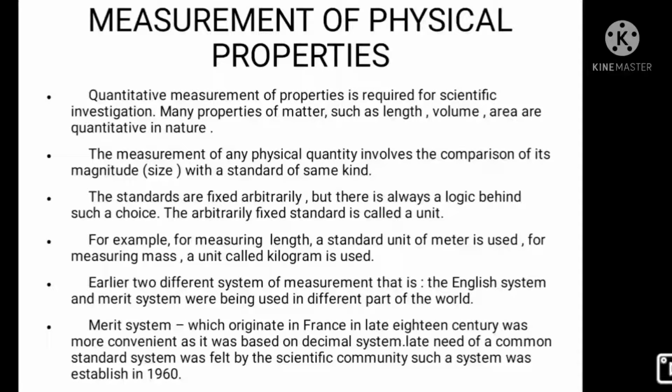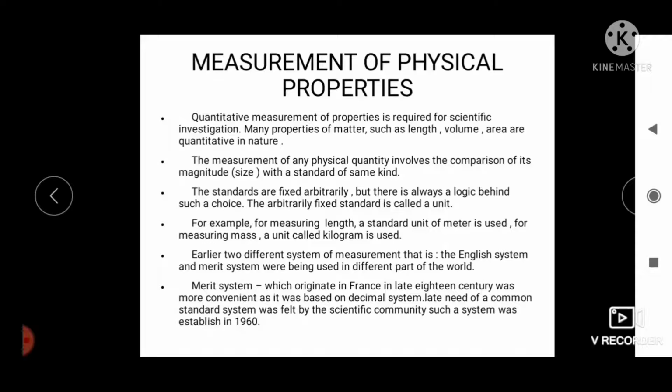Length, volume, area, etc. Any quantitative observation or measurement is represented by a number followed by the unit in which it is measured. For example, the length of a room can be represented as 6 meters. Here 6 is the number and meter denotes the unit in which the length is measured.